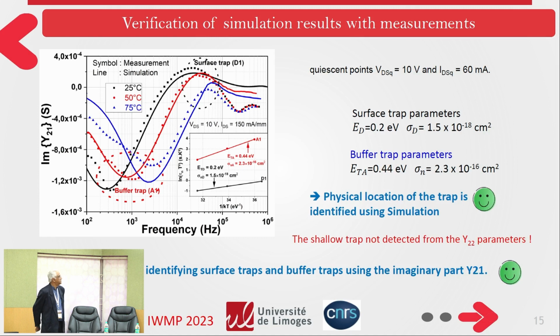We obtain here 0.2 electron volt of energy level for surface traps with a capture cross section of 1.5e-18 cm², and buffer traps around 0.4 electron volt with a capture cross section of 2.3e-16 cm². So with this we can locate and identify the traps using the simulation. As I told you before, the shallow trap is not detected from the Y22 parameters, but this will be a new method to identify surface traps and buffer traps using the imaginary part of Y21.